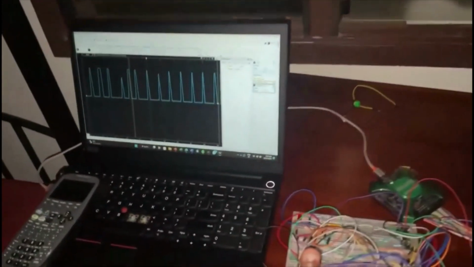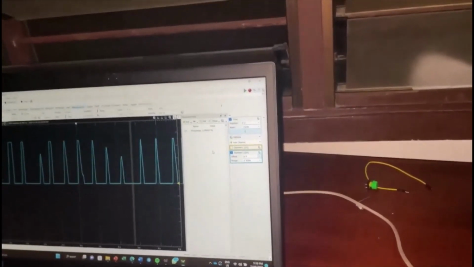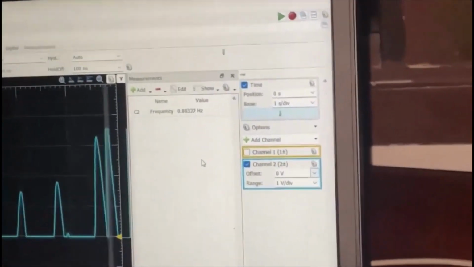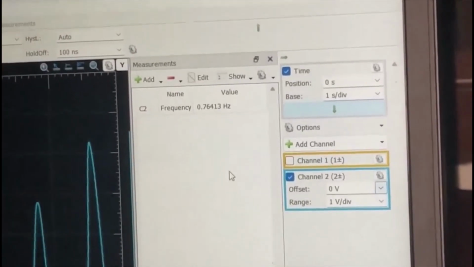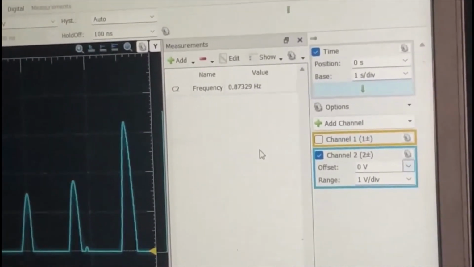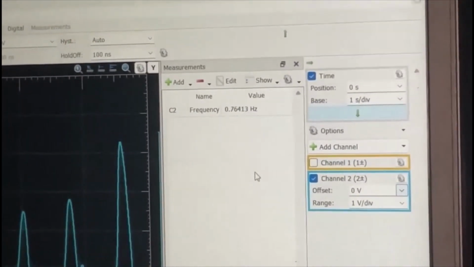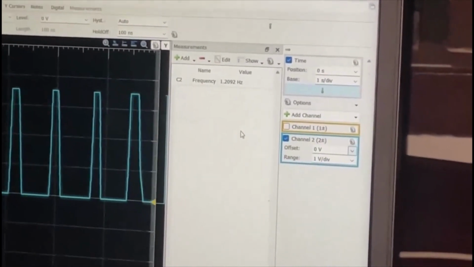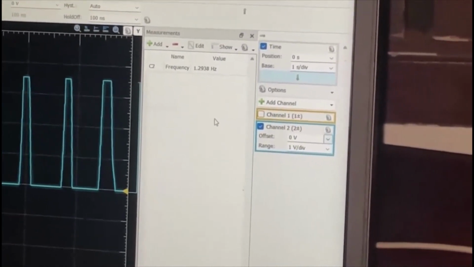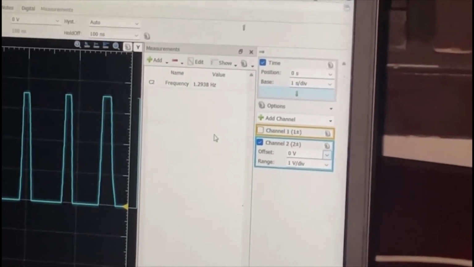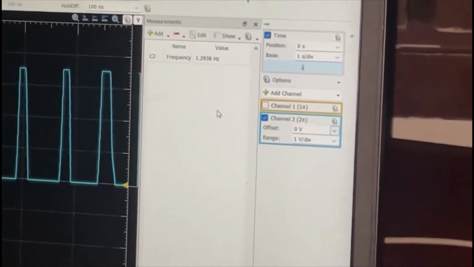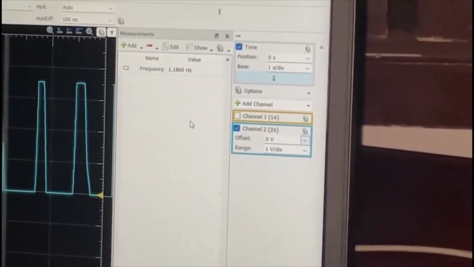So you're going to measure the beats per minute by getting a stabilized frequency from our oscilloscope. The light interferes with the frequency, so you need to know the correct frequency. So as you can see, the frequency is around 1.2938.